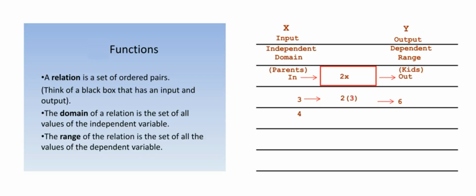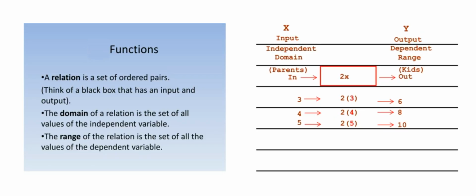Let's pick a 4 for our domain. Well, 2 times 4 gives us 8. How about 5 for our domain? 2 times 5 gives us 10.